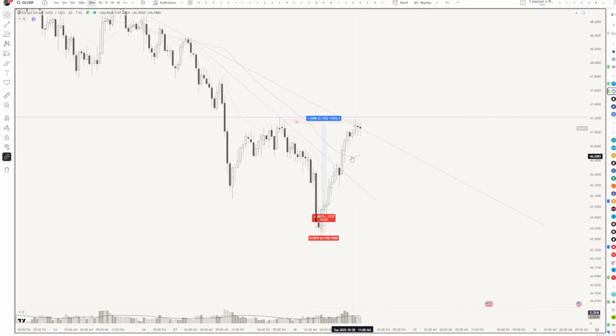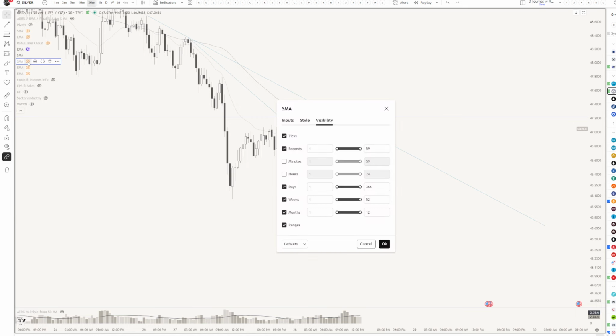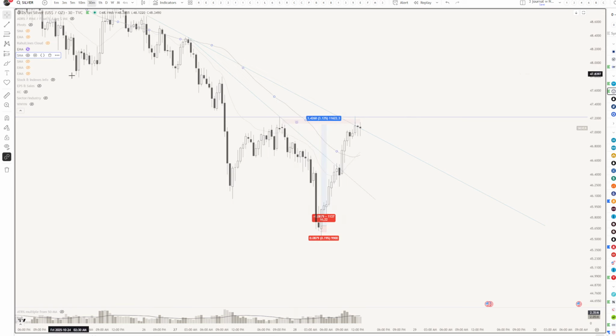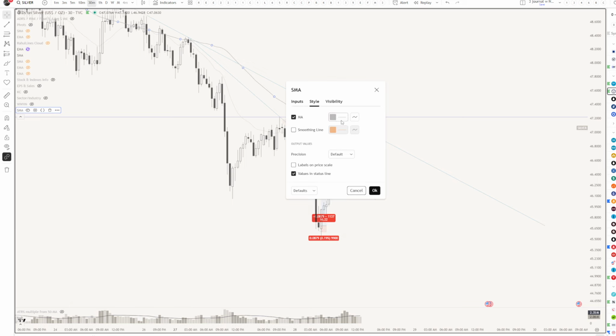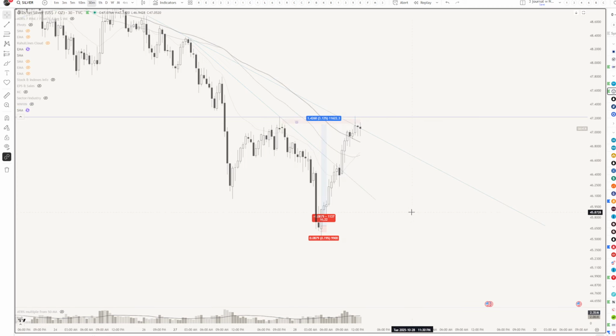However, they started pointing up, and if we did a 65, do that a bit thicker, you see it's still pointing down. And now I want it to go up above this, for this to start pointing up.